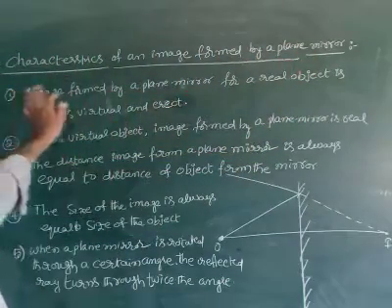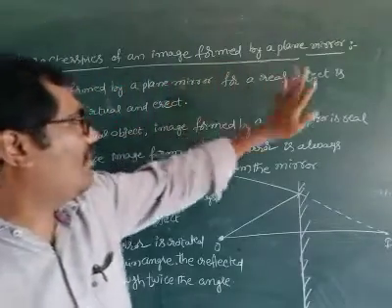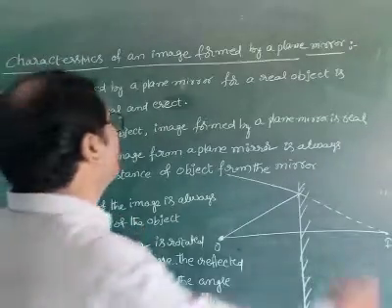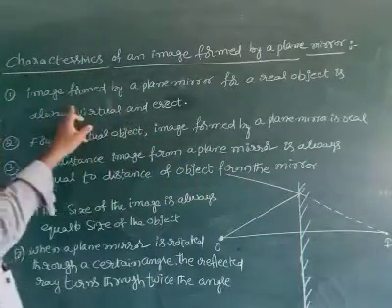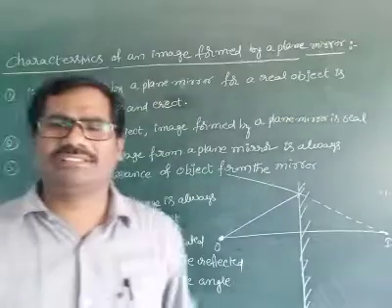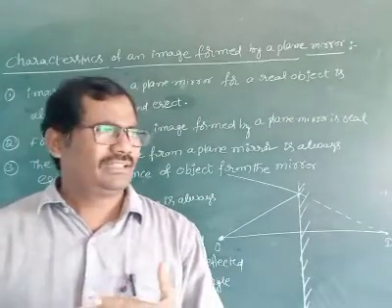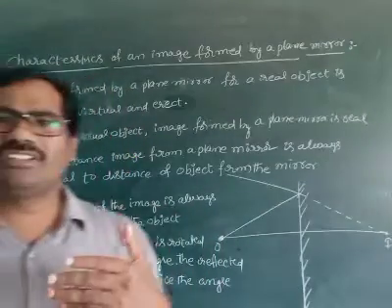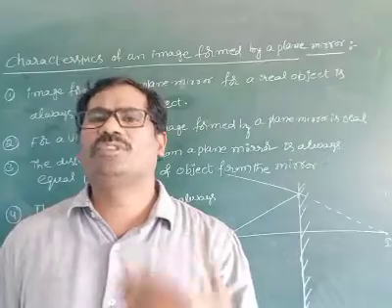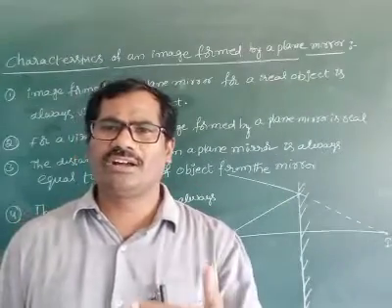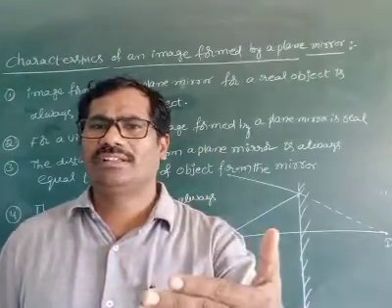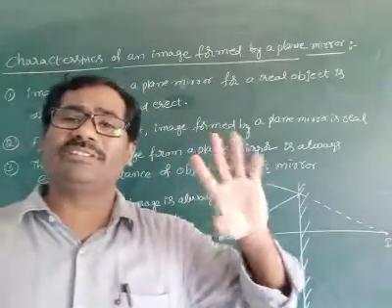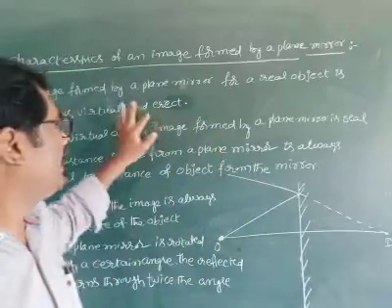First point, the image formed by a plane mirror for a real object is always virtual and erect. That means with a plane mirror, the real object is something you directly see, like your face. In the mirror, it forms a virtual image, and this type of image is called a virtual image, and it is erect also.